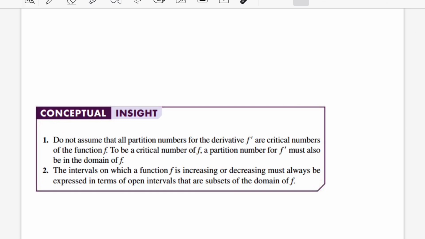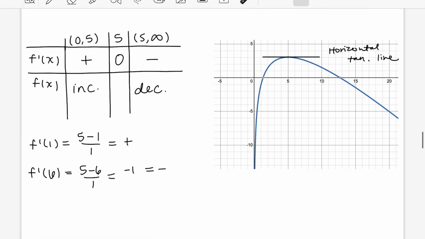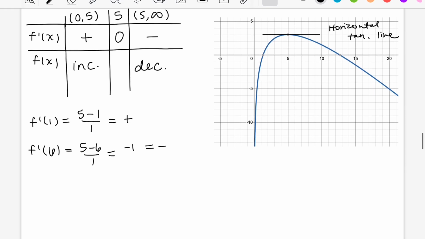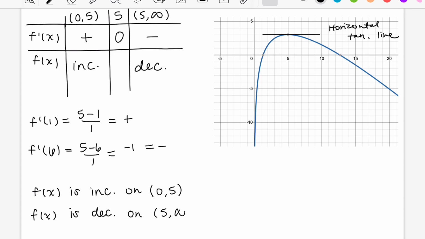And we also want to make sure that the intervals on which a function f is increasing or decreasing are always expressed in terms of open intervals that are subsets of our domain of f. So for example, in the last example, we really should be writing the intervals out, saying f of x is increasing on, and give the interval, and decreasing on 5 to infinity.